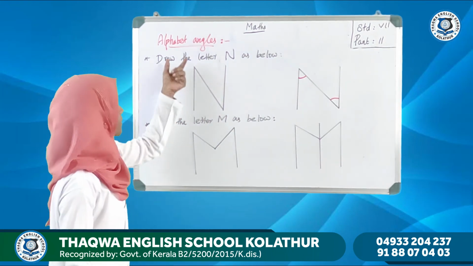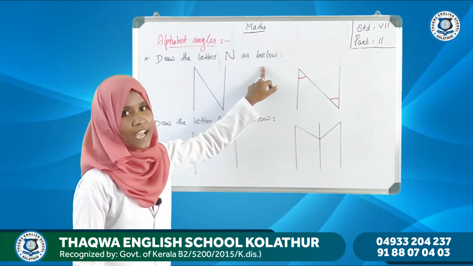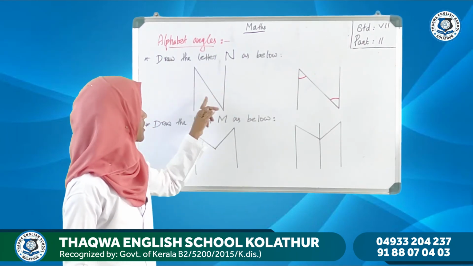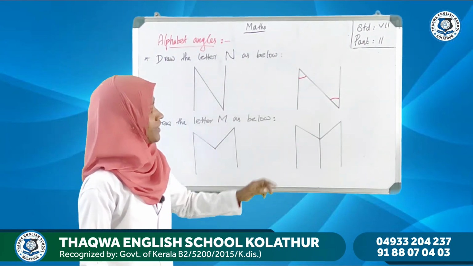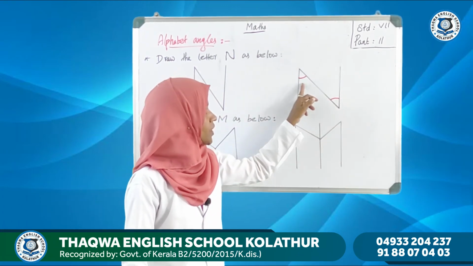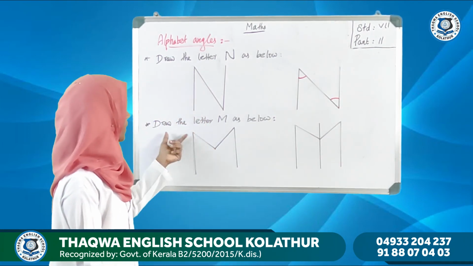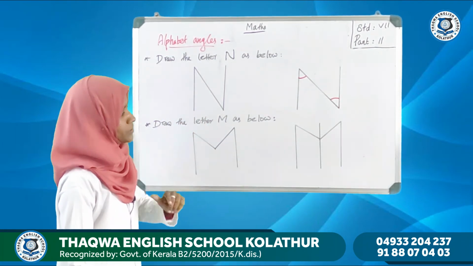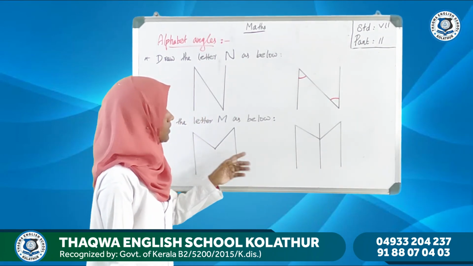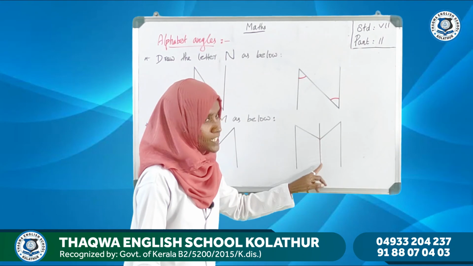Okay, next, alphabet angles. Draw the letter N as below. Just listen, the letter N. What about these angles? These are the alternate angles. Next, letter M. Here, draw one parallel line through this point.